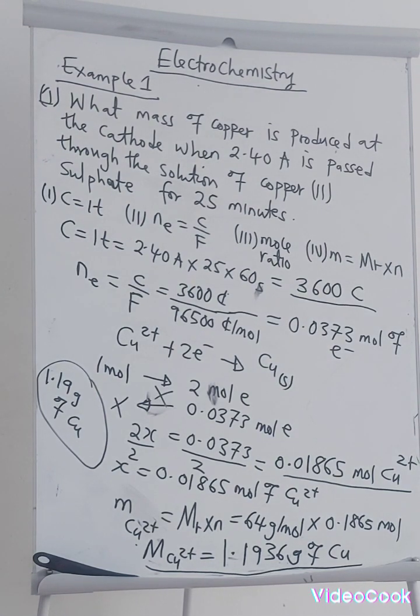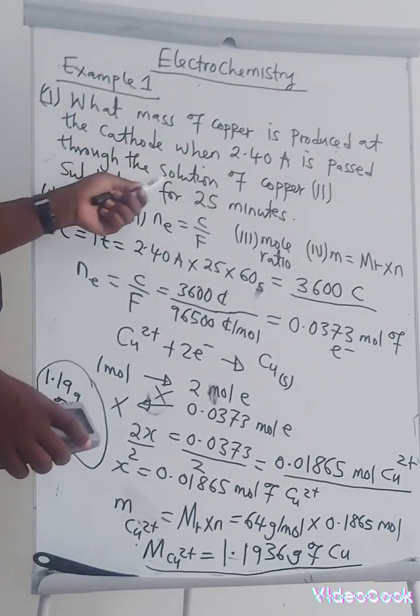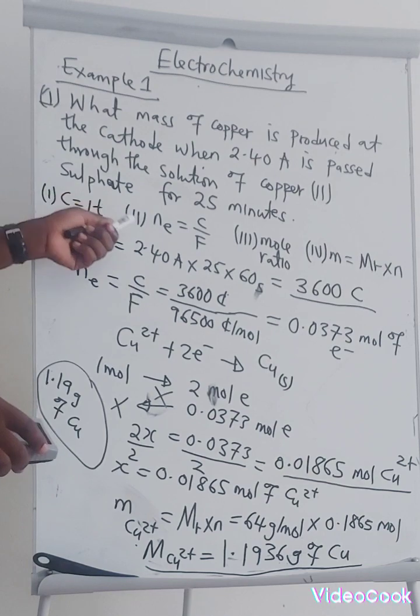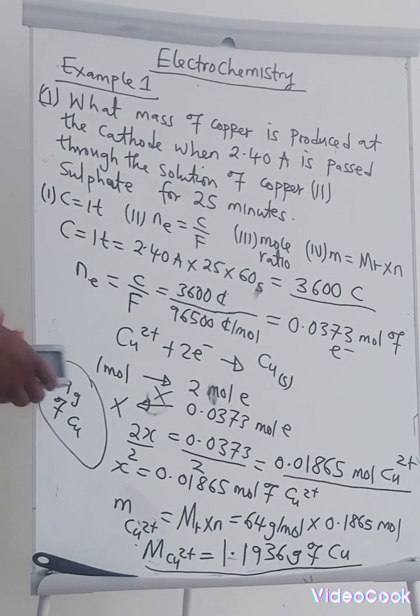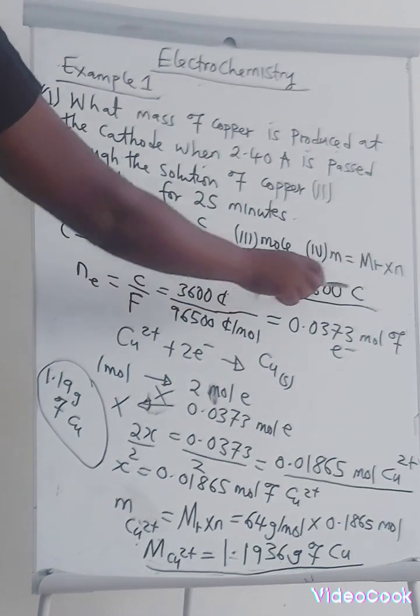Produced from 2.40 A of current. So in 25 minutes we followed C equals I t to get the coulombs.